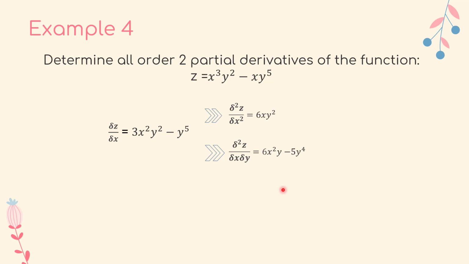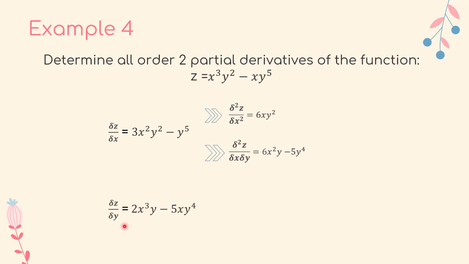And next, for the second derivative d2z dx dy, it will be 6x squared y minus 5y to the power of 4, obtained with x as a constant. So in here, we multiply the constant 3 with 2, which becomes 6. Since x squared just follows, it becomes 6x squared y. And y to the power of 5 becomes minus 5y to the power of 4.